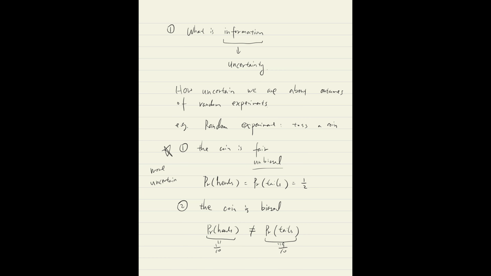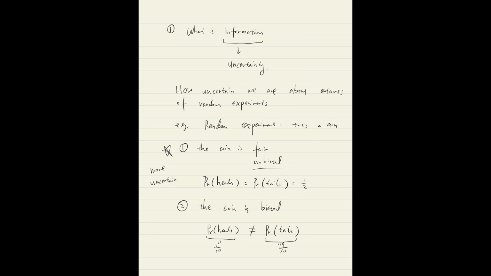So when the coin is biased, it means the probability of heads and the probability of tails are not equal. Let's give a more extreme case. Let's assume the probability of heads is 1/10, and the probability of tails is 9/10. So it's a very biased coin.